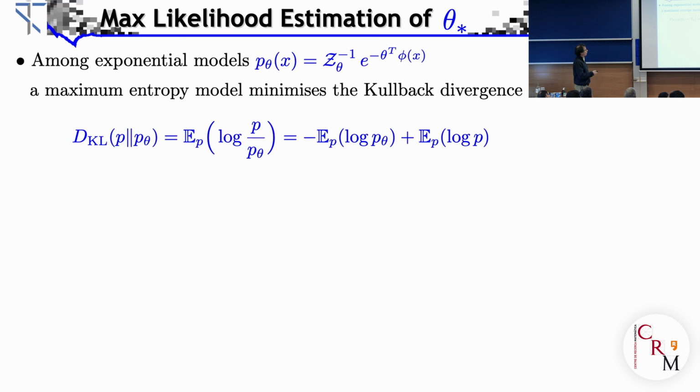So in other words, the expected value relative to p of log p over p theta. If you separate the log as a difference between two logs, you are going to get two terms over there.